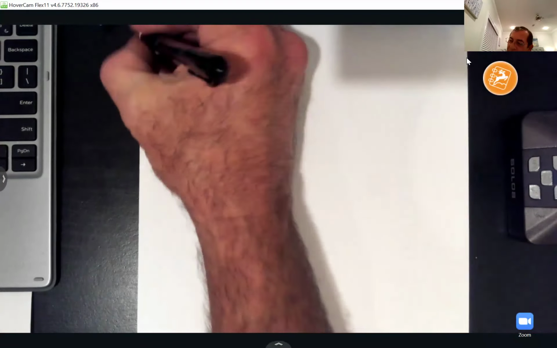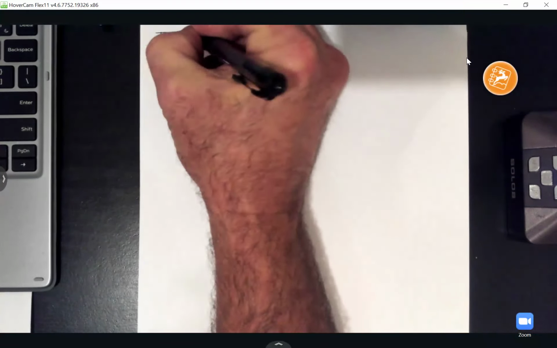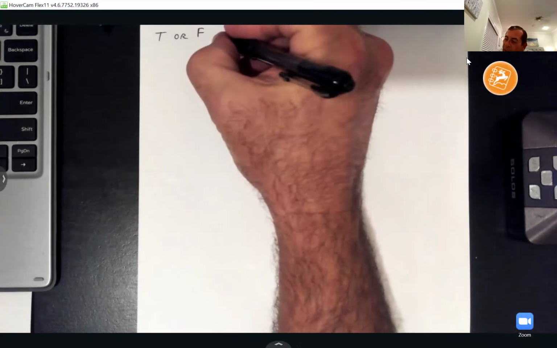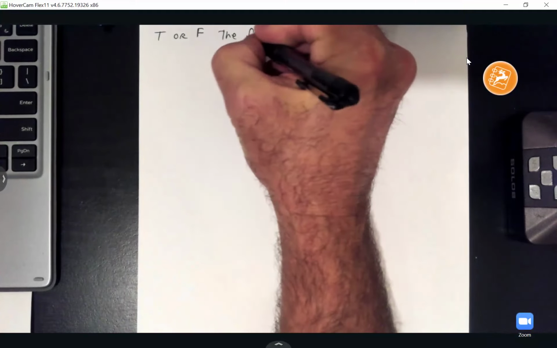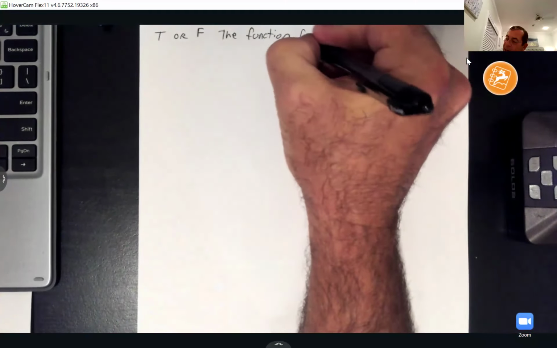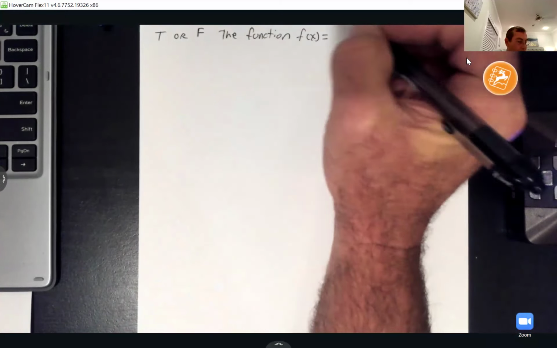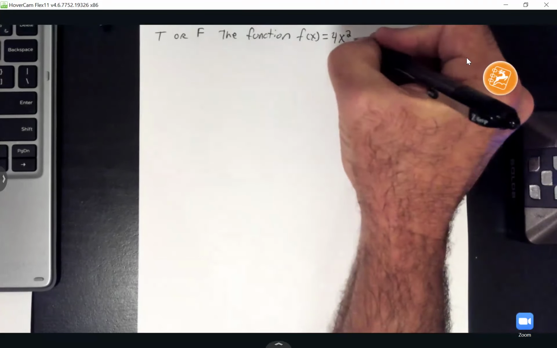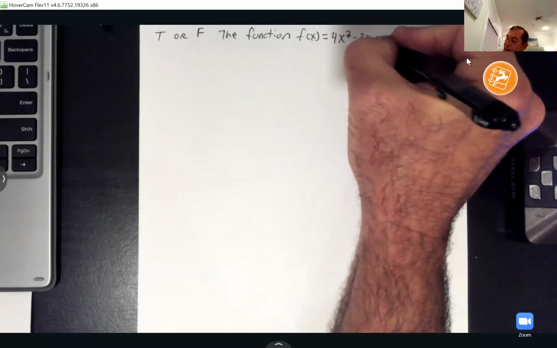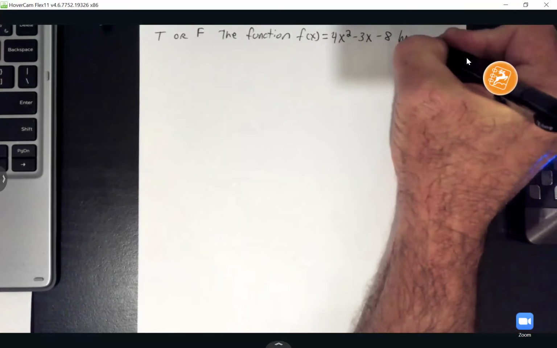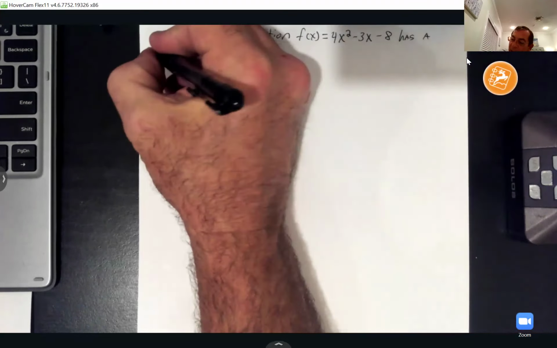Let me ask y'all, true or false? See what y'all say on this. The function f of x equals 4x squared minus 3x minus 8 has a maximum value.